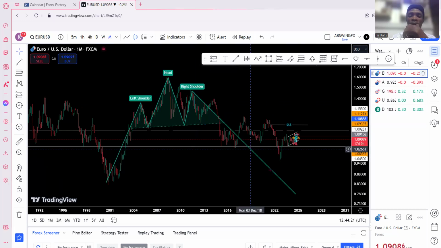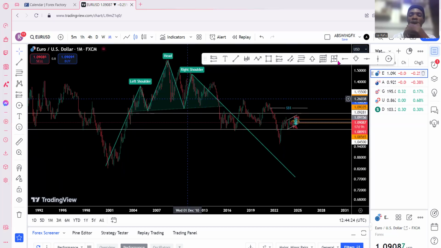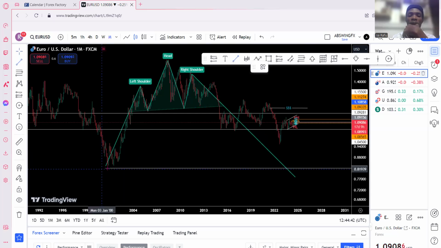Drop, but yet to do what? Sweep this liquidity that was created there. There is a liquidity between this 1 and 2. Yes, this 2, there's a liquidity. So the liquidity stands right from here. That's the liquidity.